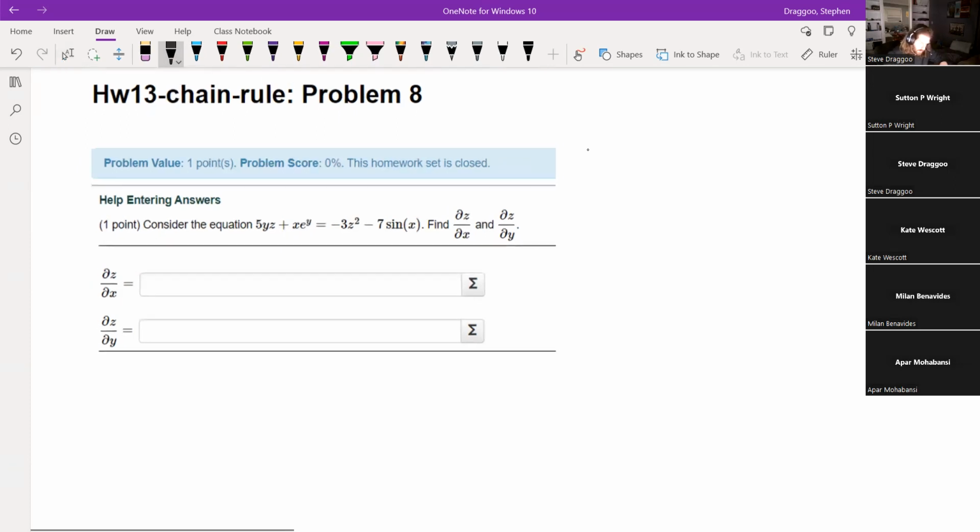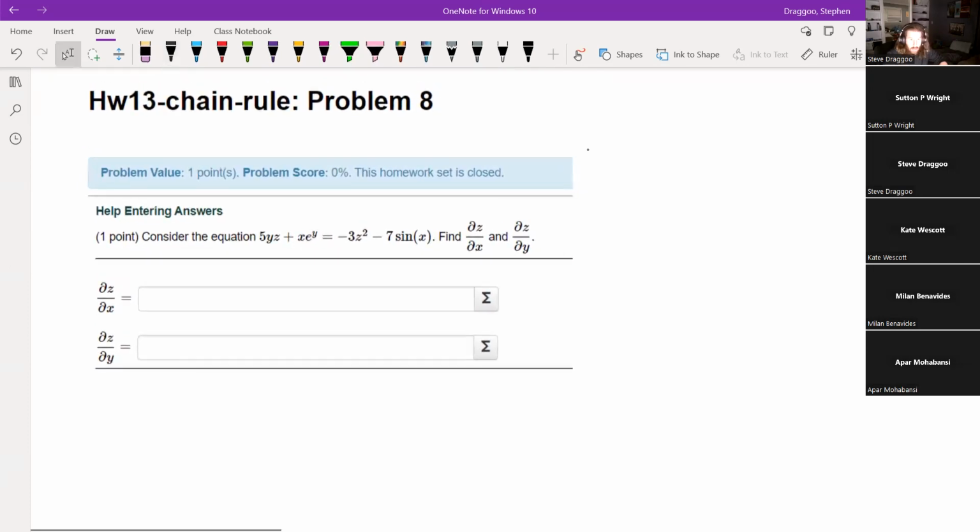So what I want to do is just take that whole equation and get an x derivative and a y derivative, keeping in mind that anytime I see z, I have to treat it like it's a function of both variables. So if I'm going to do an x partial, what am I going to get? I'm going to get 5y z prime.